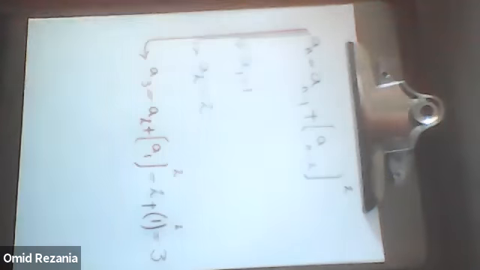What is your A2? It's 2 plus 1 squared. It becomes 3.